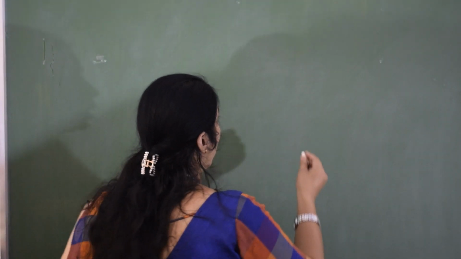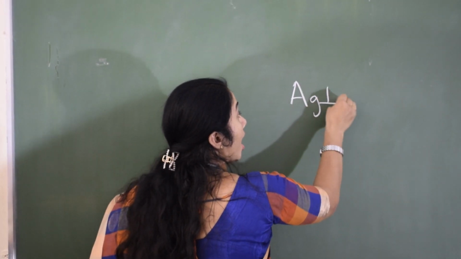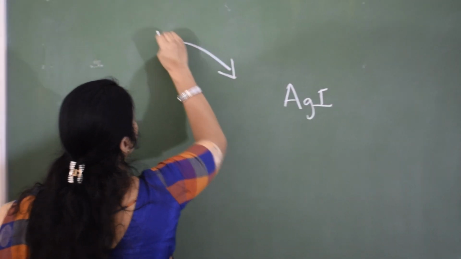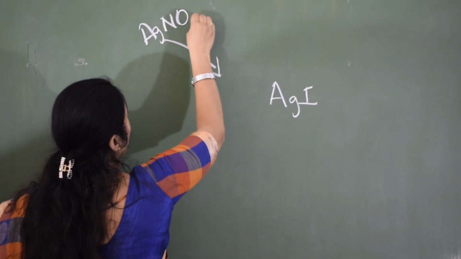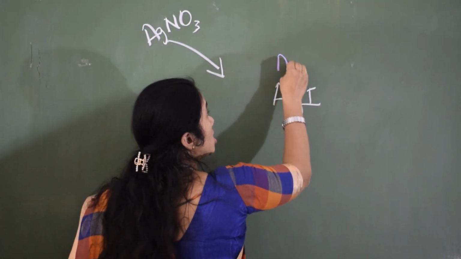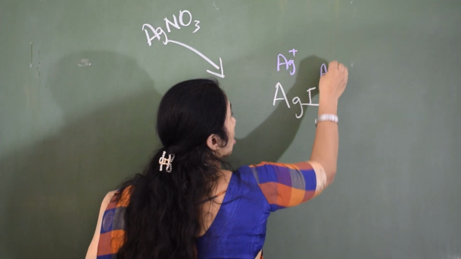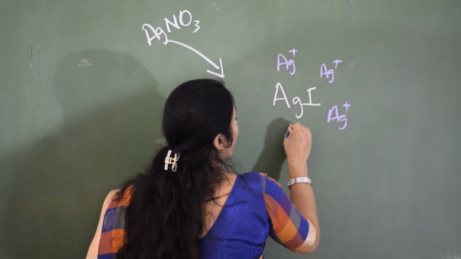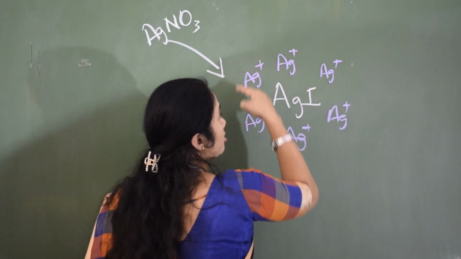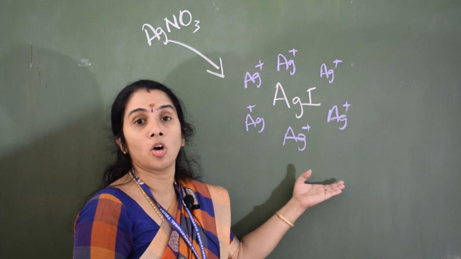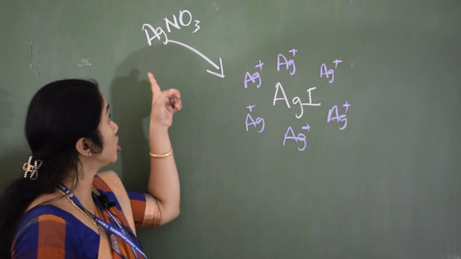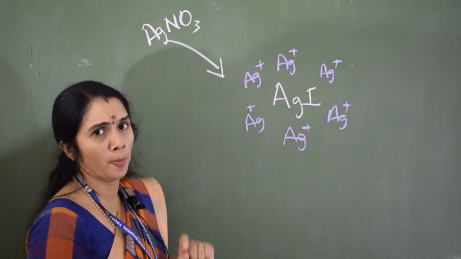For example, when you have silver iodide precipitate, to which you add silver nitrate, AgNO3, the common ion is the silver ion. This silver ion will adsorb on the surface of the silver iodide, giving it a positive charge. Now this colloid has a positive charge. It is because we have added a peptizing agent, silver nitrate, in which silver is a common ion.